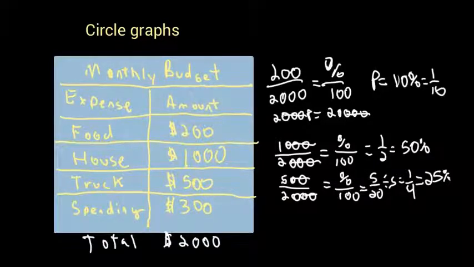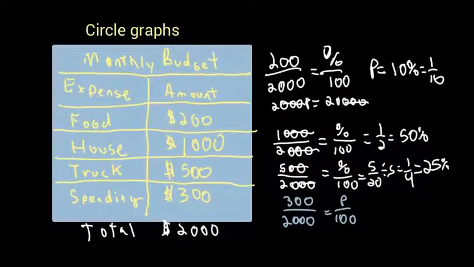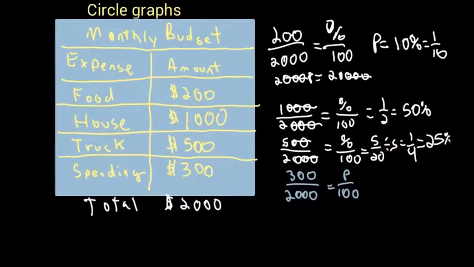All this white's getting a little confusing, so let's change colors for the last one. So last one would be 300 over 2000 equals my percent over 100. Let's get a little bit more room here. Alright, so 300 times 100 would be 30,000.